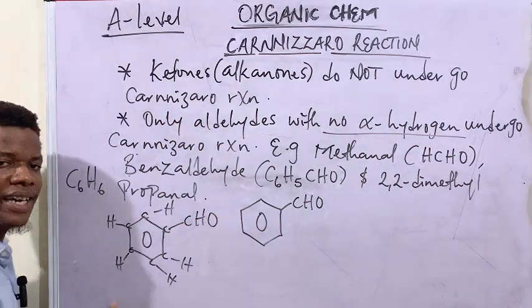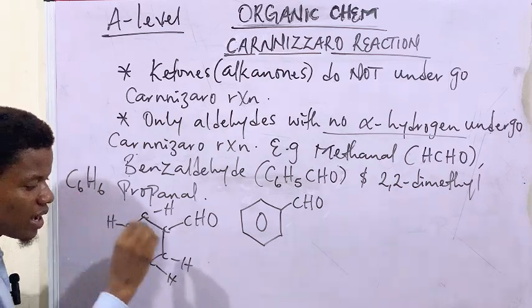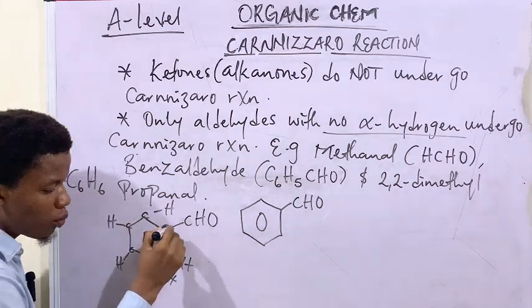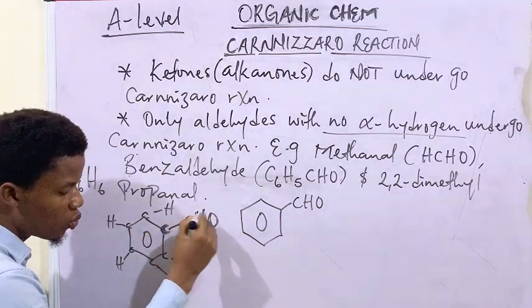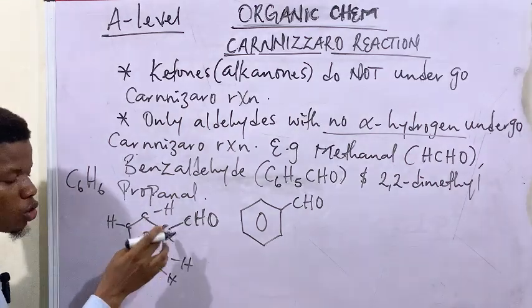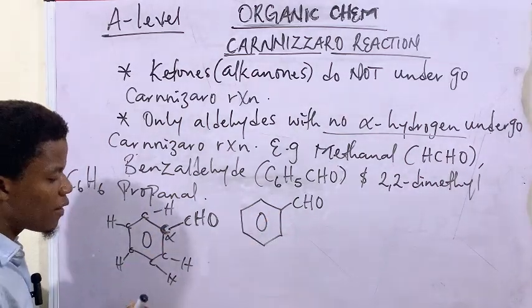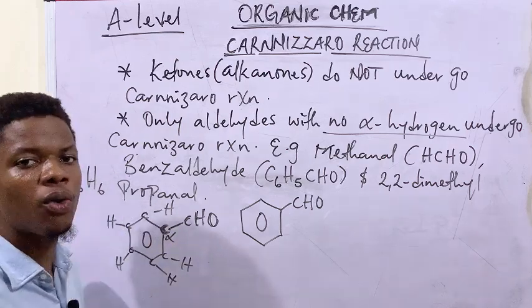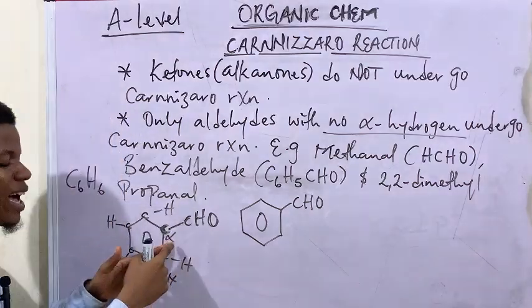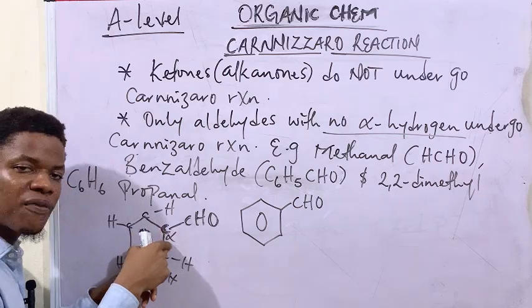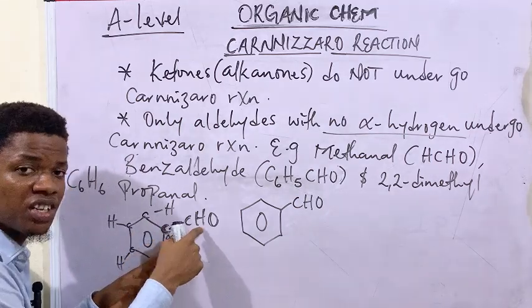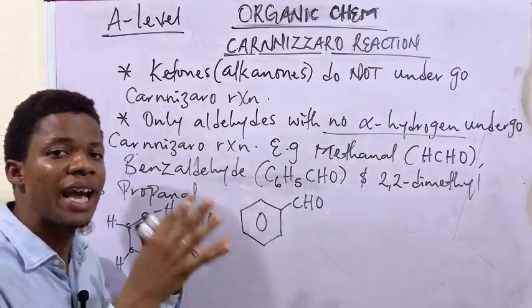So the carbon directly connected to the CHO, our alpha carbon, does not have any hydrogen left. Therefore, benzaldehyde can undergo Cannizzaro reaction because it has no alpha hydrogen.